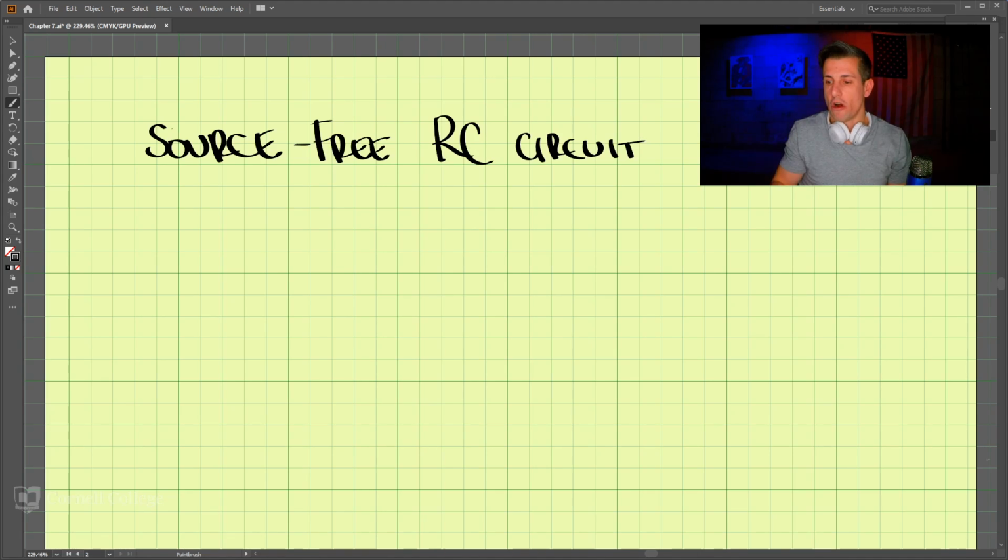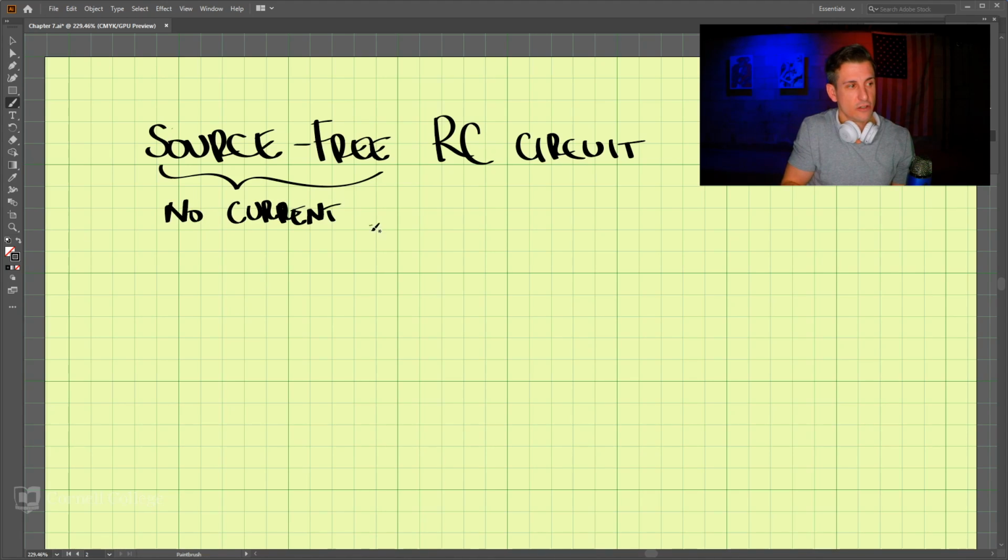And what source-free means is no current source, no voltage source.